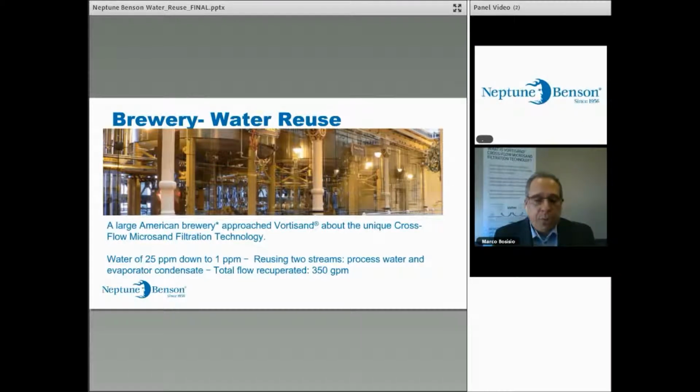A total flow of up to 350 GPM. The water, I heard, is being used as rinse water. I guess everyone has their own definition of rinse water, but it is being brought back to the plant, and this is a very good example of what we can do for reusing water in a plant.